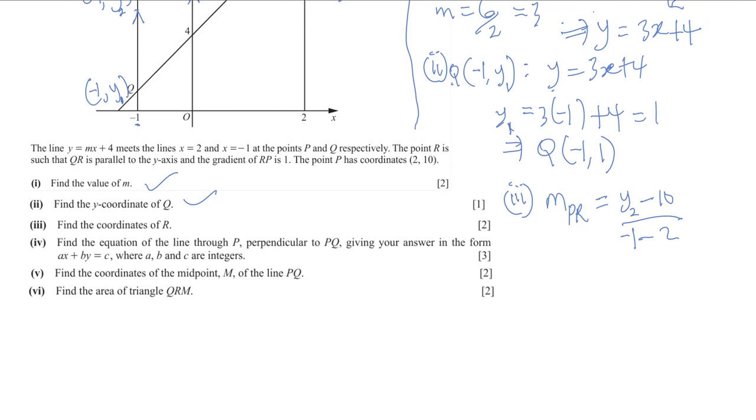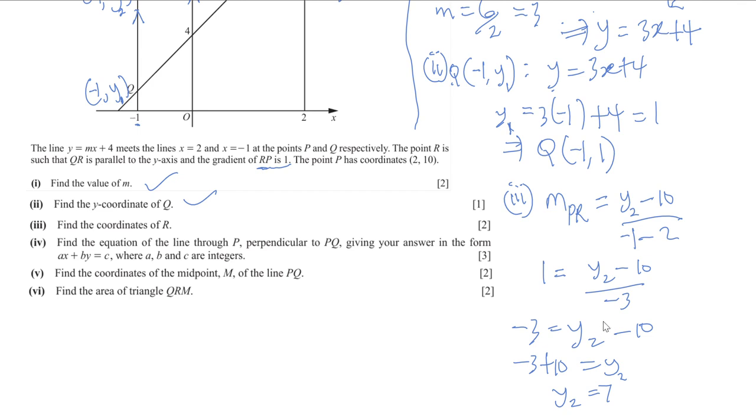Now, in the question we are given gradient of RP as 1. Gradient of RP is given as 1. So we write 1 equals y2 minus 10 divided by minus 3. Multiplying both sides by minus 3 to clear the fraction, you get minus 3 equals y2 minus 10, which on adding 10 gives... So the value of y2 is 7.